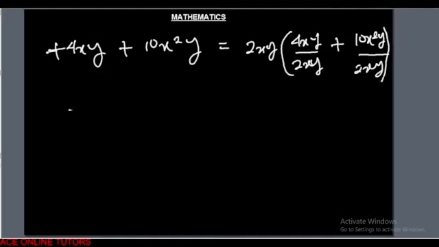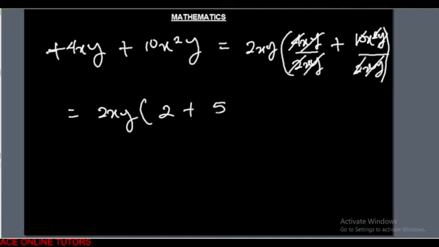It's what is outside the bracket that I use to divide the two of them. So you cancel xy, 4 over 2 is 2, then plus xy cancels xy, 10 over 2 is 5. So we have 5x because there are 2 x's here, you just remove 1 and you are left with 1. So this is what we are going to have.